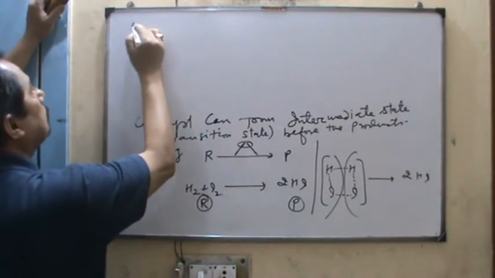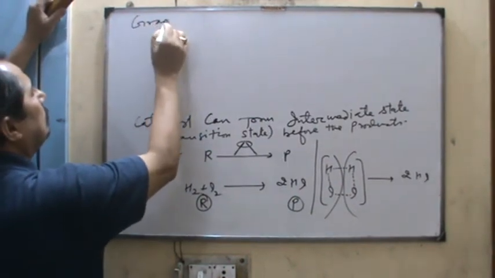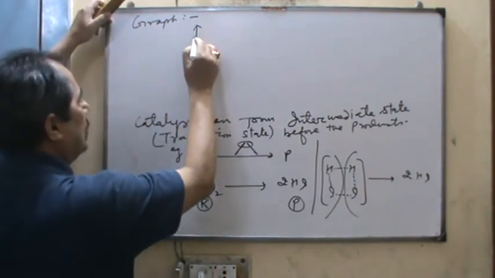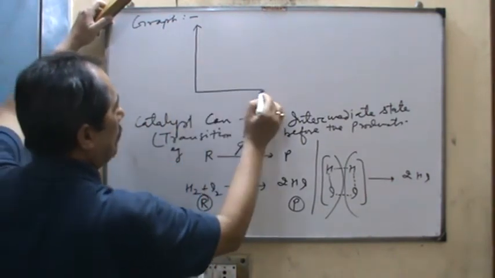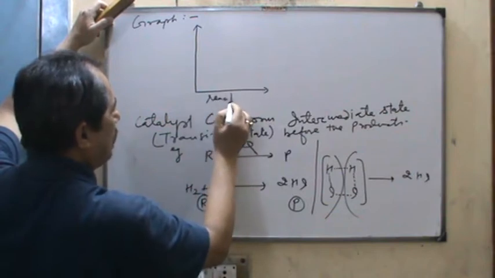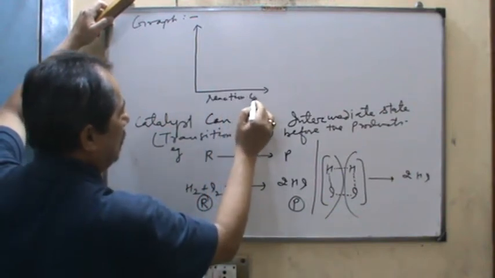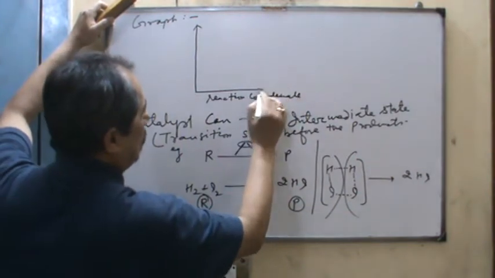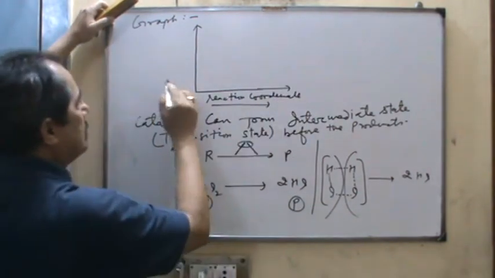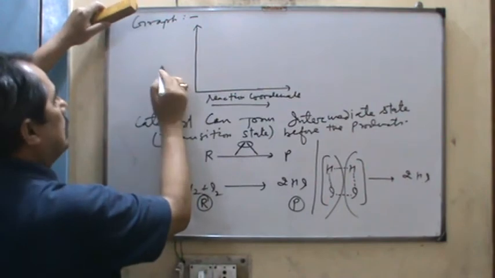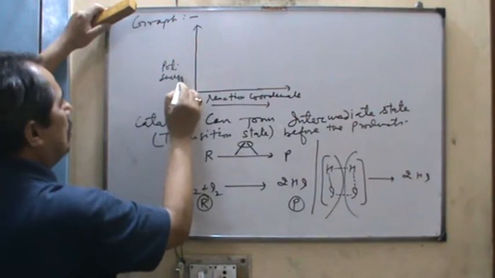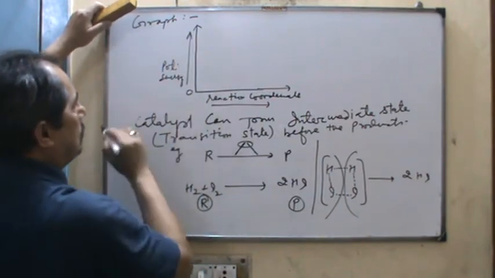So write down graph for the catalytic reaction. This is the reaction coordinate, profile of energy, and this side is the potential energy, right?